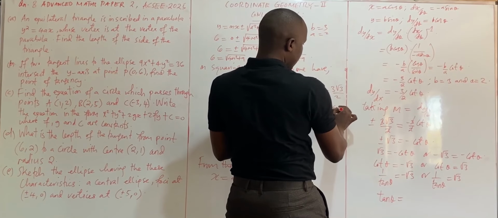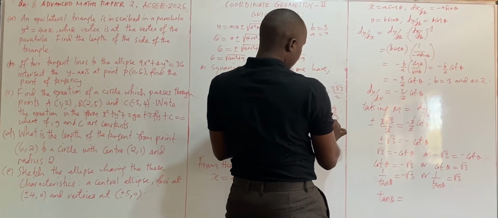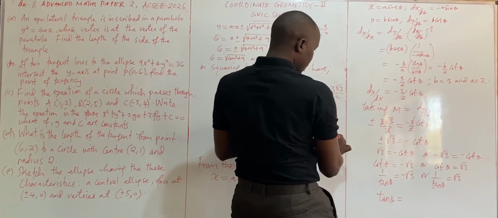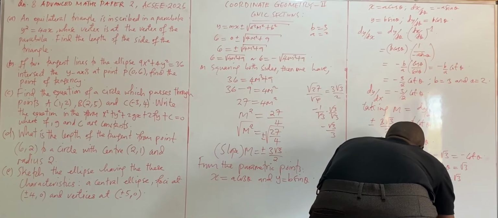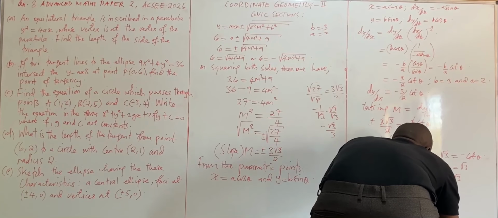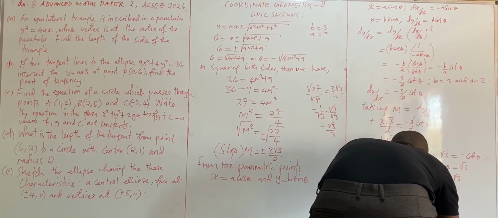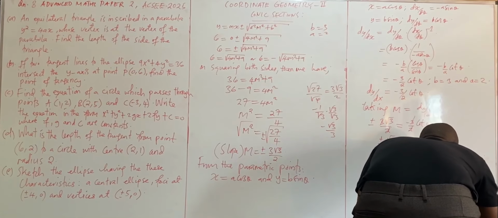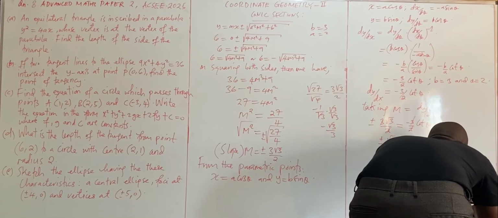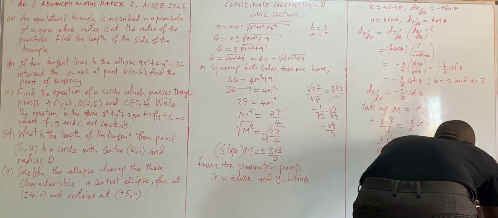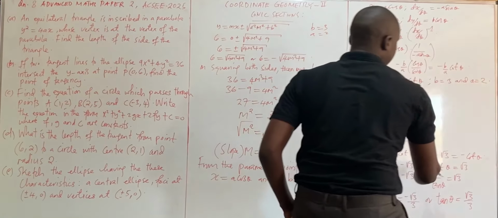If you rationalize, we get negative root of 3 over 3. So here we are going to have negative root of 3 over 3, or tan of theta equals the root of 3 over 3, positive, because this is the positive case.